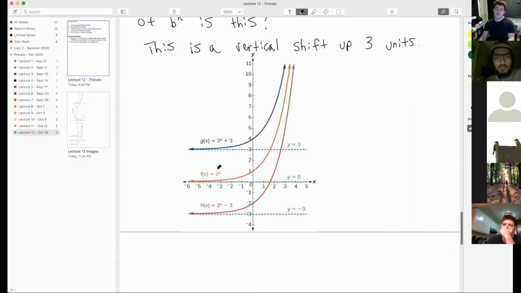The orange one is the parent function. It's just 2 to the x with no transformations. And then we have the minus 3, which is, of course, a vertical shift down 3 units. I hope everyone sees, the plus 3 just brings it up 3. The minus 3 brings it down 3. So nothing new here. We're just applying our transformations to the specific case when the function is 2 to the x. All of our rules still apply from earlier.